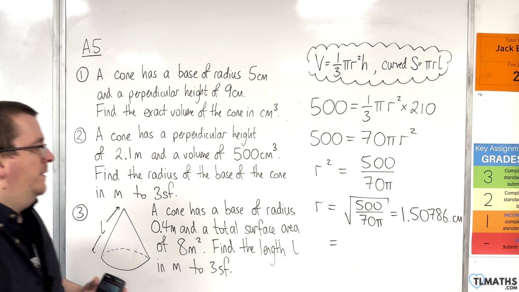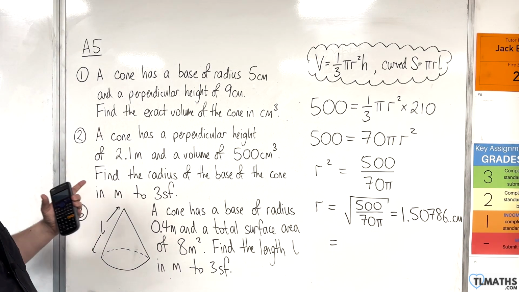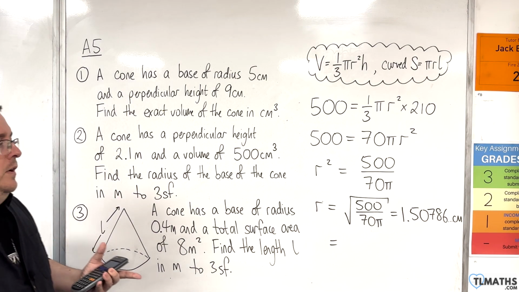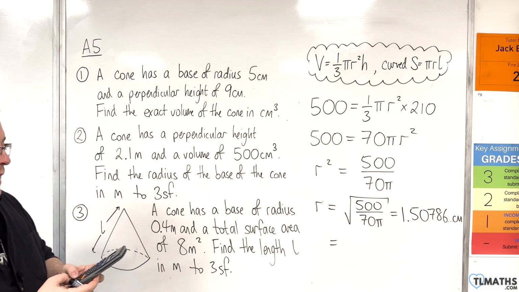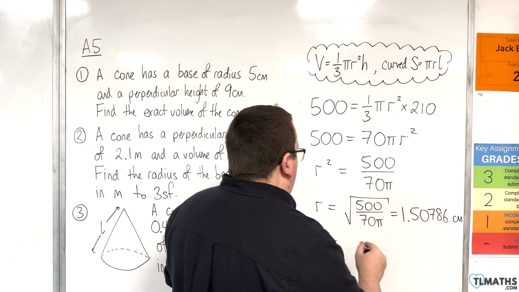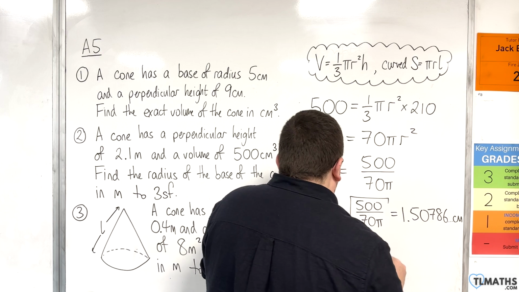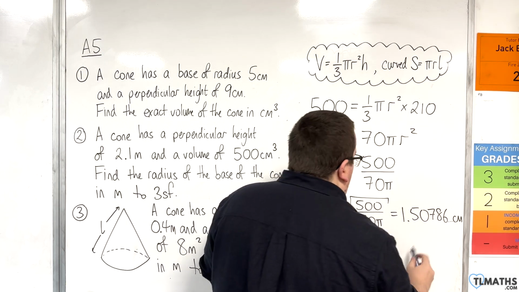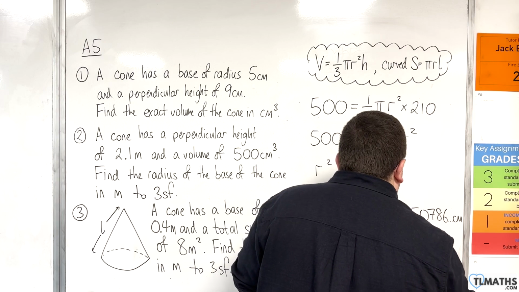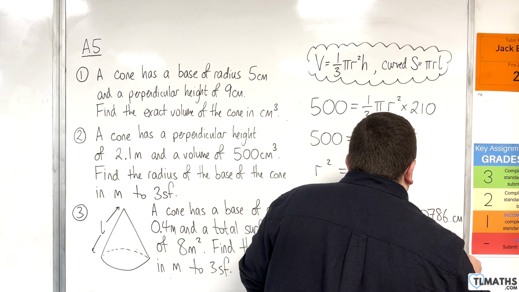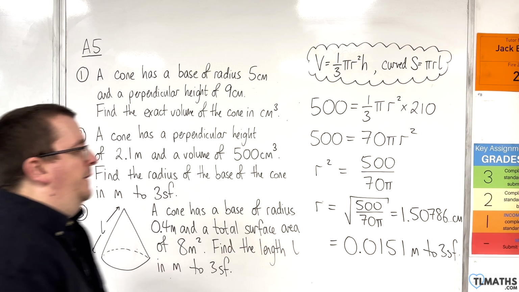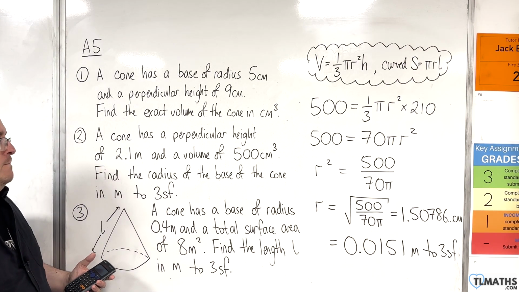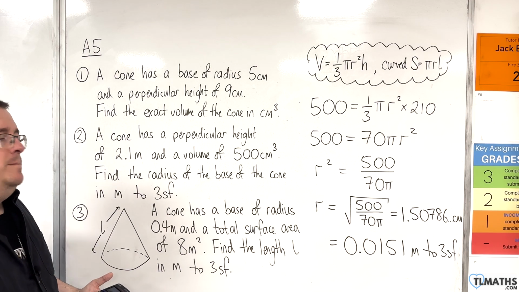But I want it in metres. So I need to divide that by 100. And so that's 0.0151 metres to 3 significant figures. Okay? And so that's the radius of the base of the cone in metres.